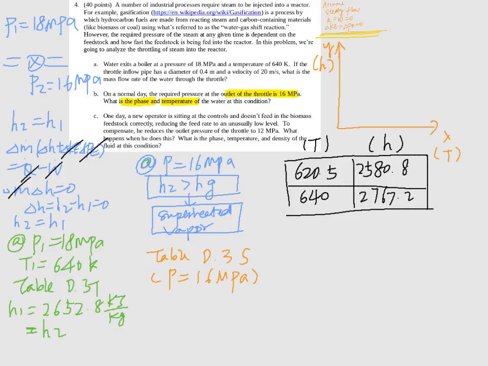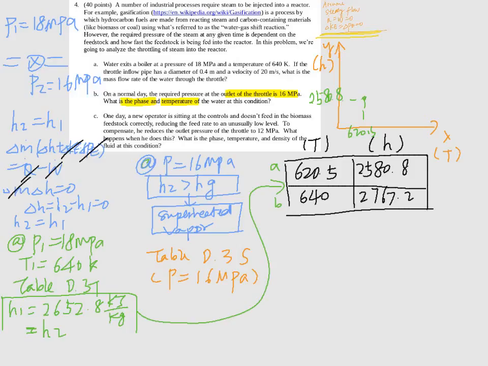So if you notice, where is our H2? Yeah, our H2 value is here, right in between 2580 and 2767. So that's why we need to interpolate. Let's say this is point A and this is point B. Point A is 620.5 and 2580.8. That's the first point here.